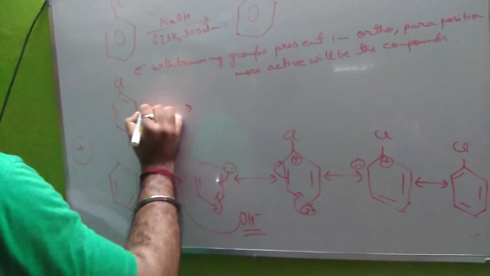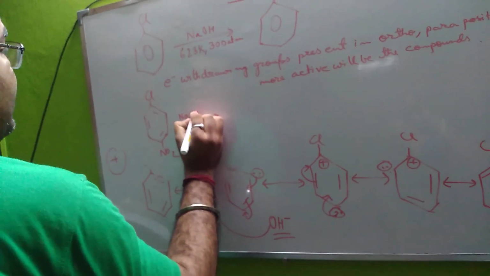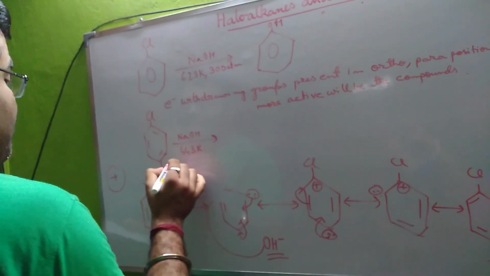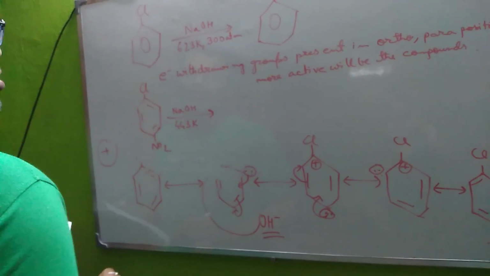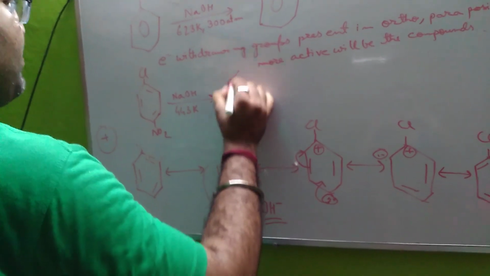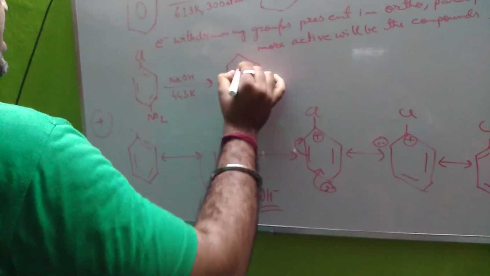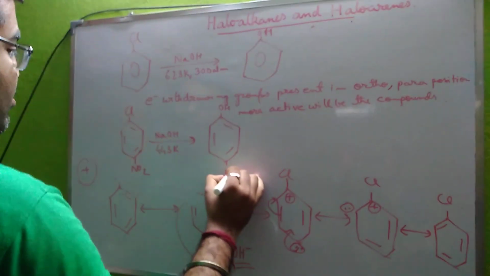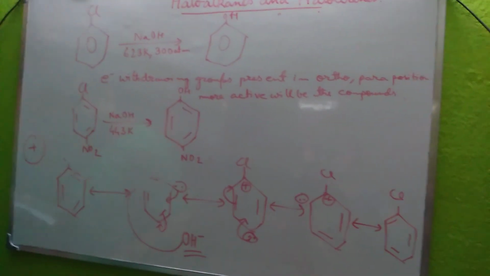now if I react this with NaOH, you will find that the temperature decreases. It becomes 443 Kelvin. Why? Because due to the presence of the NO2 group, which is an electron withdrawing group, the temperature decreases and chlorine will be removed and OH comes over here and NO2 remains as it is.